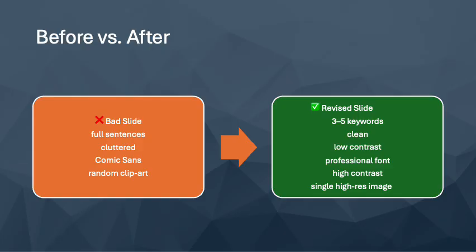The box on the right shows the revised version: 3 to 5 keywords, a clean layout, low contrast corrected to high contrast, a professional font, and a single high resolution image. Notice how much easier it is to scan the revised slide. You can take it in at a glance and immediately understand what the point is, which means you can spend your attention listening rather than reading. That's the goal.